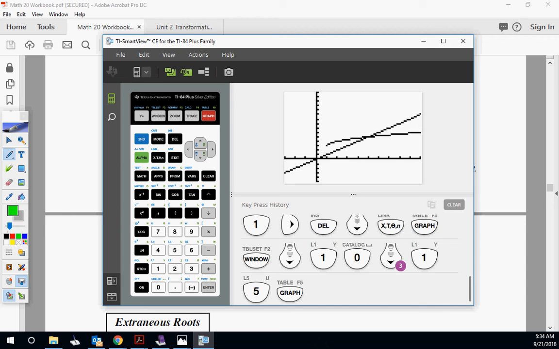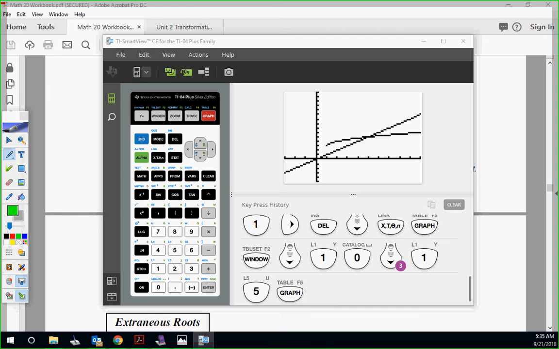Now, the good news is that if you're saying, well, where is that other solution from? How did that come about? Well, radicals are actually half of parabolas. You get into this more in Math 30 and you'll see it. They're half of parabolas in the sense that they go sideways, like this.